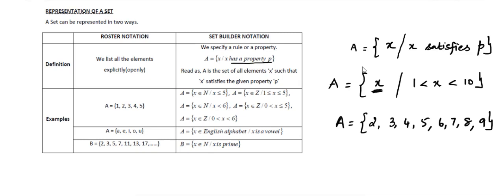You people must check out initially where this x belongs to. Here they didn't mention x belongs to natural numbers, or x belongs to integers, or x belongs to real numbers. They didn't mention anything. If they are mentioning it only, then it is right. If they are not mentioning, you could not proceed to the next step at all.